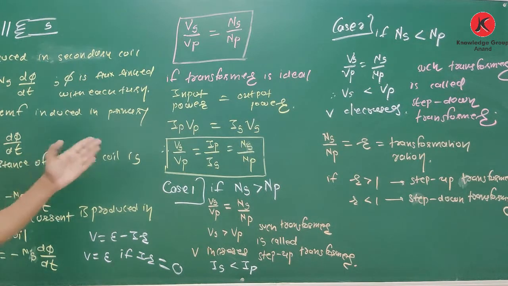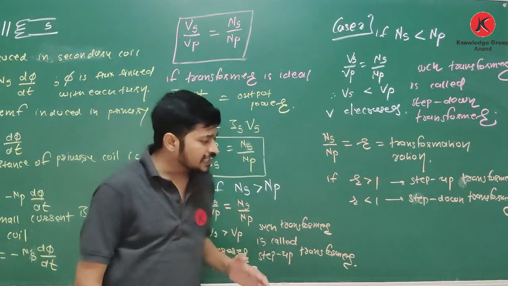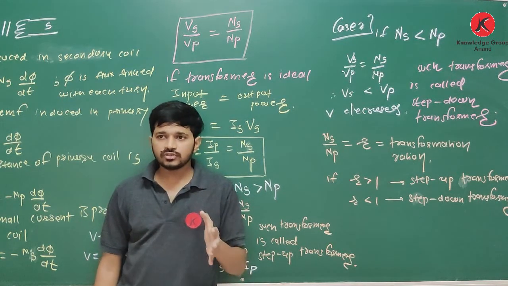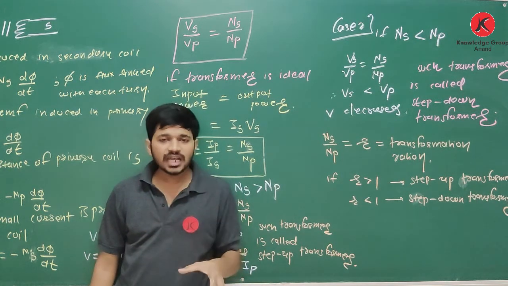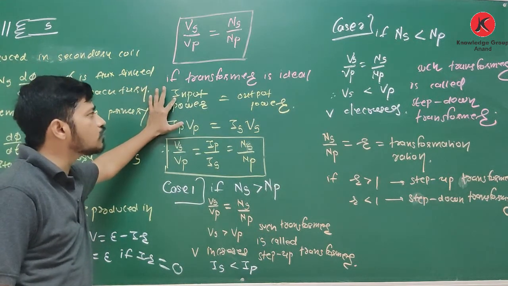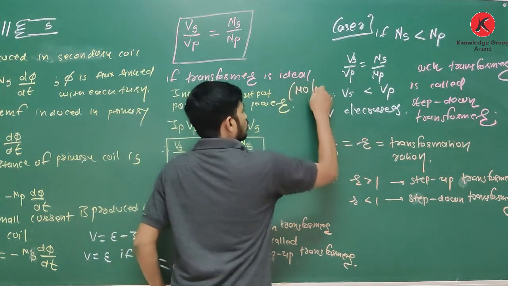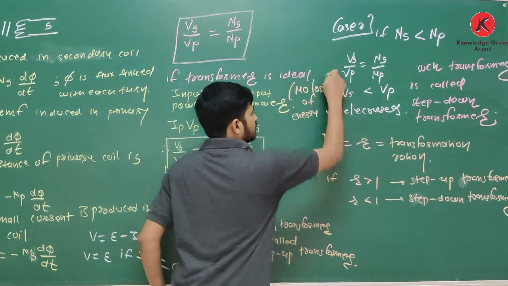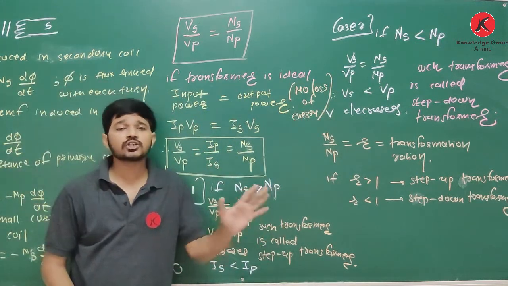What is a step-up transformer and what is a step-down transformer? Clear about this? Transformer is one of the important theories of this chapter, so take care about this theory, and it is an easy one. Now there is one last point. In an ideal transformer, input power is equal to output power, which means no loss of energy. But in reality, there is loss of energy.